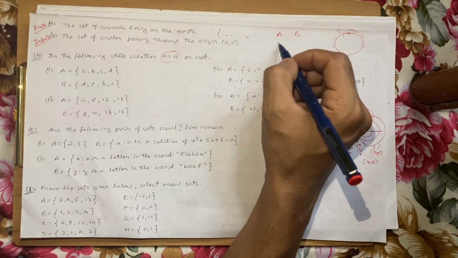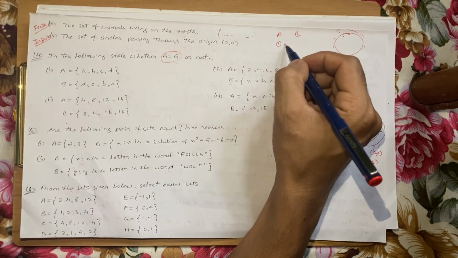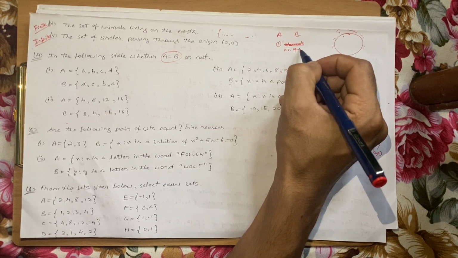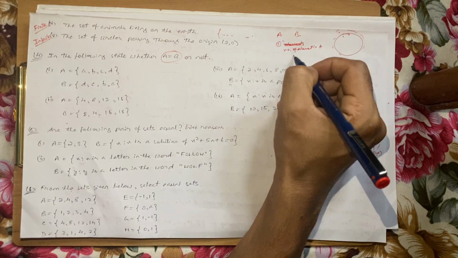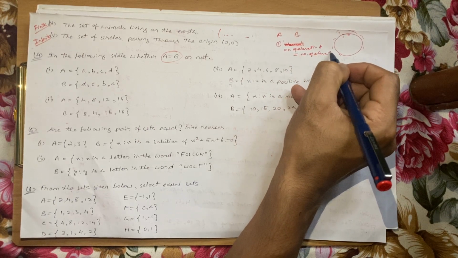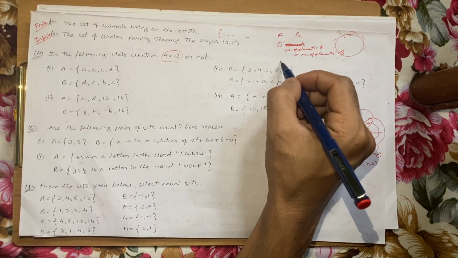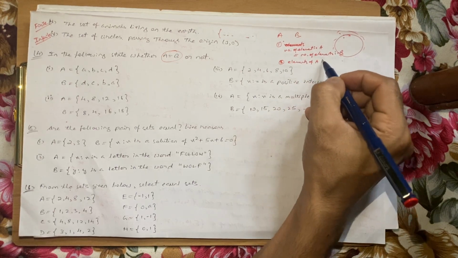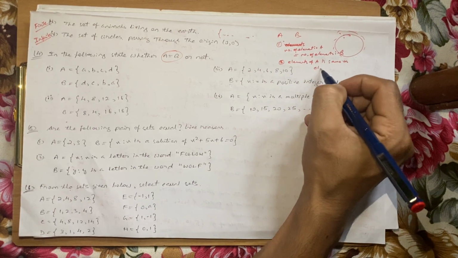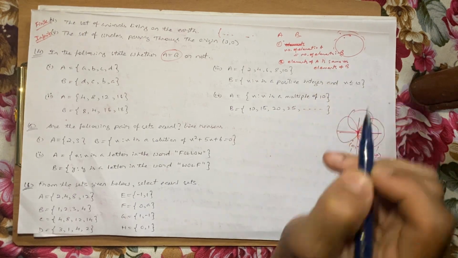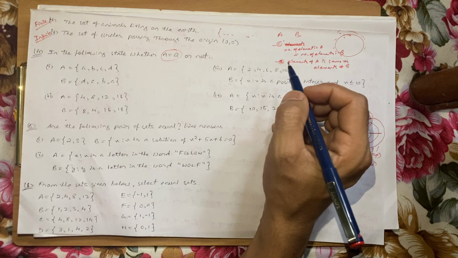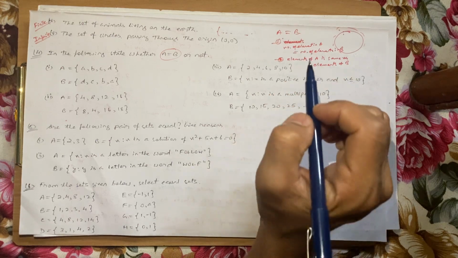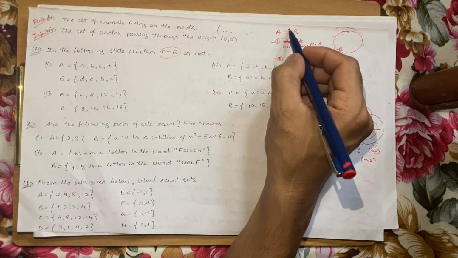They will be equal only when the number of elements in A is equal to the number of elements in B, and the second condition is that the elements of A are the same as the elements of B. If these two conditions that I taught you in the theory lecture are fulfilled, we'll say set A is equal to set B. And if any one of these conditions is not fulfilled, then set A is not equal to set B.